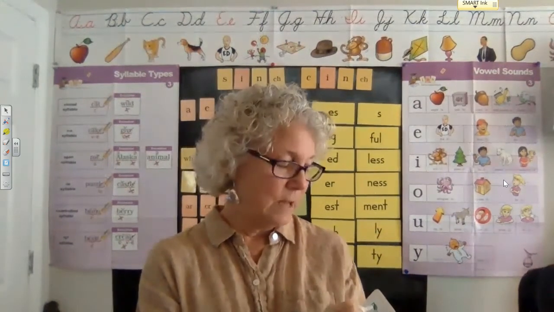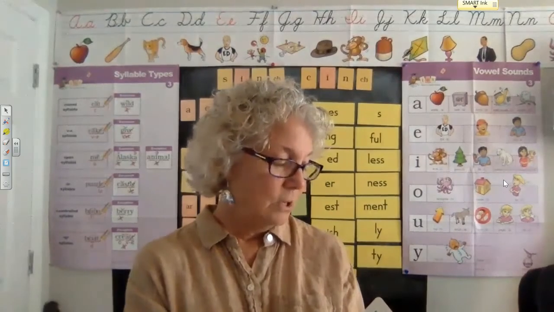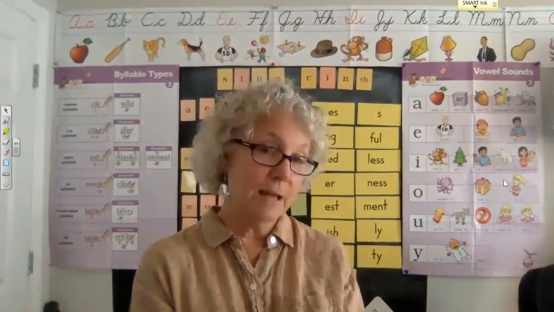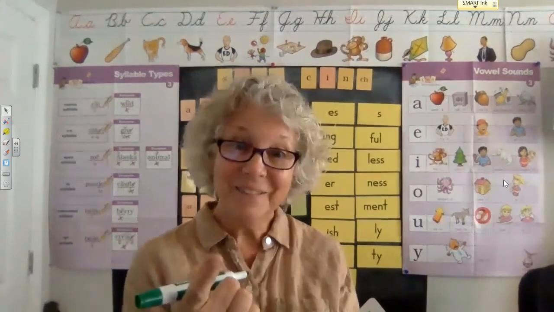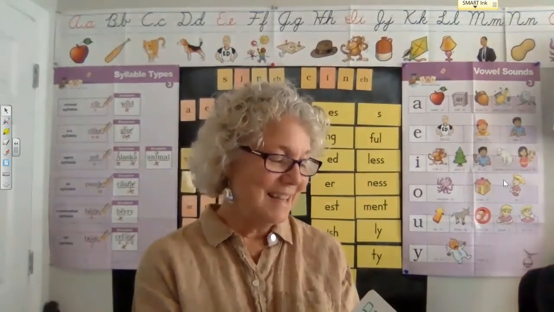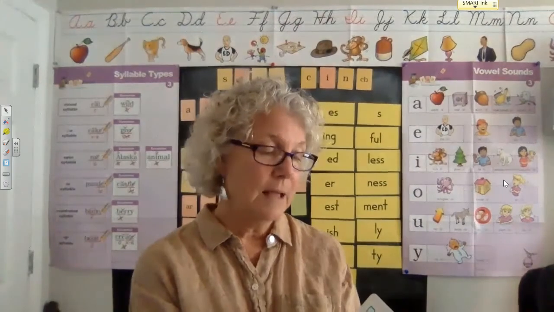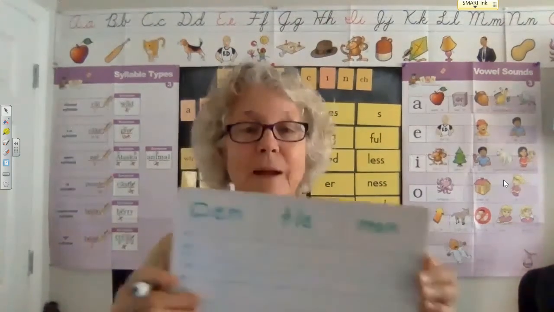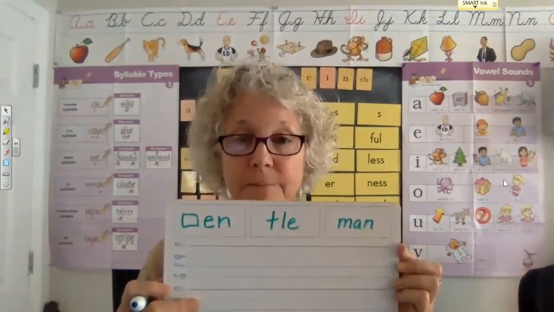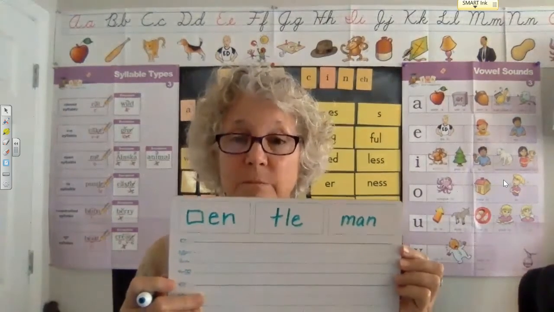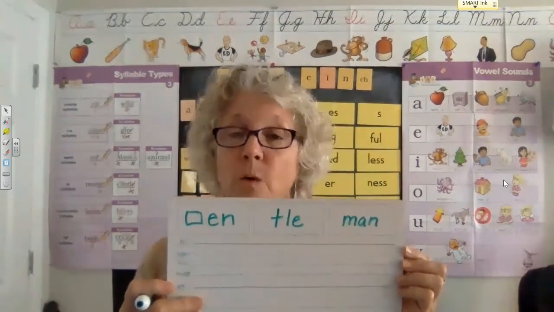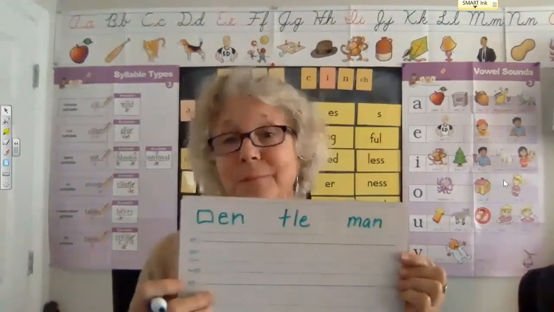Oh, there's my sound option, right? J, gen. Tol, we know that, right? T-L-E, man, M-A-N. So my choice is the beginning there. So it could be a J, right? Jen, or it could be a G.